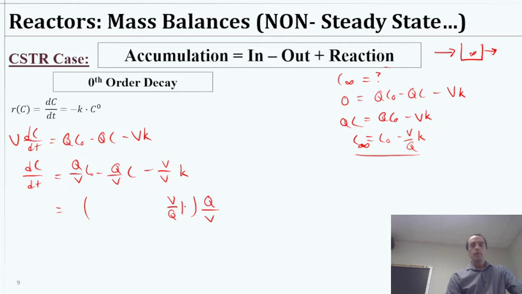So that leaves us with V over QK, which is what we want. And if we take the Q over V out of the other terms, it's actually very convenient, right? Because we just factored it out directly. So we're just left with C naught minus C minus that, V over Q times K.